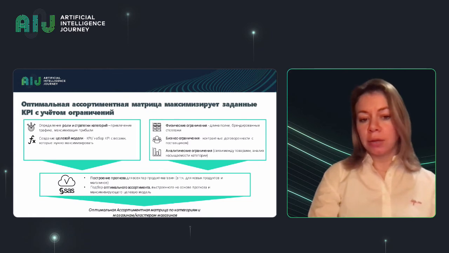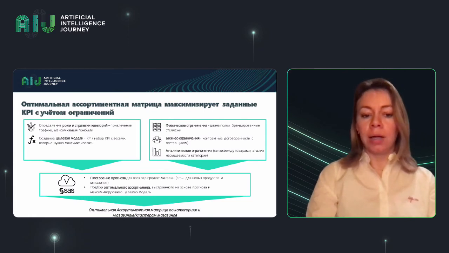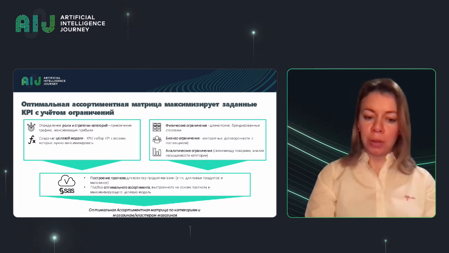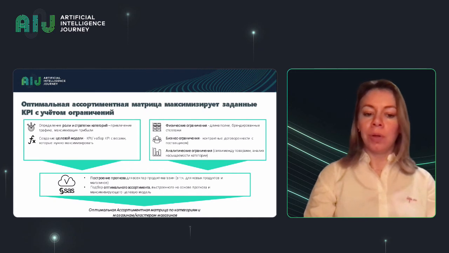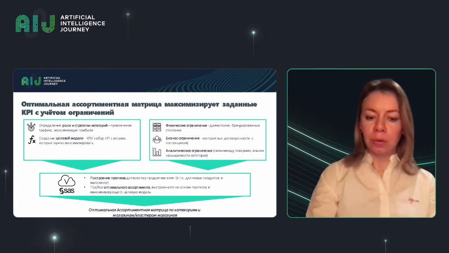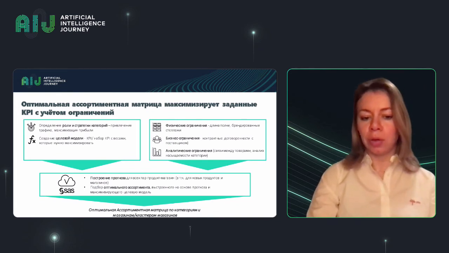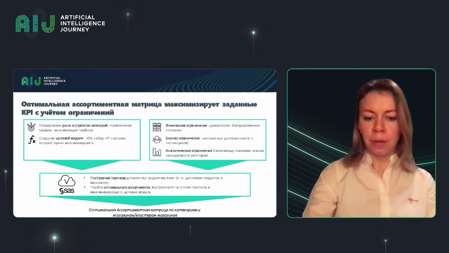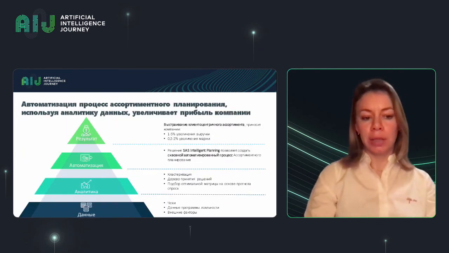Plus, the co-location properties, saturation of a specific category, and the shelf space. And then we run all the optimization methods to build the output assortment matrix for the cluster, for the group of shops, or for an individual shop.